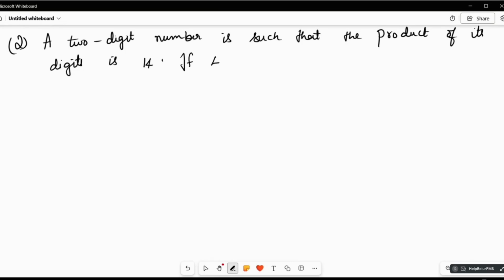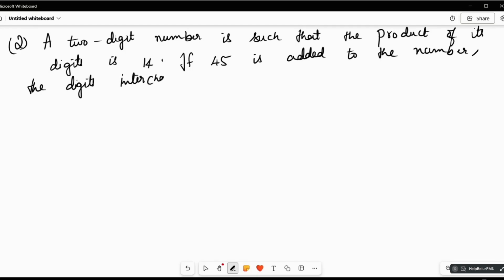If 45 is added to the number, the digits interchange their places. Find the number.